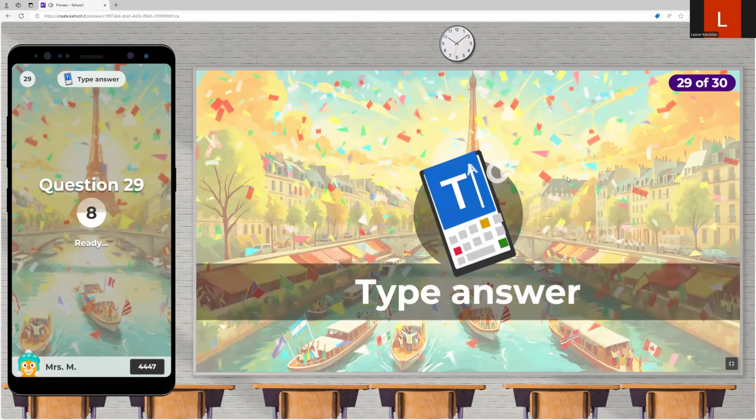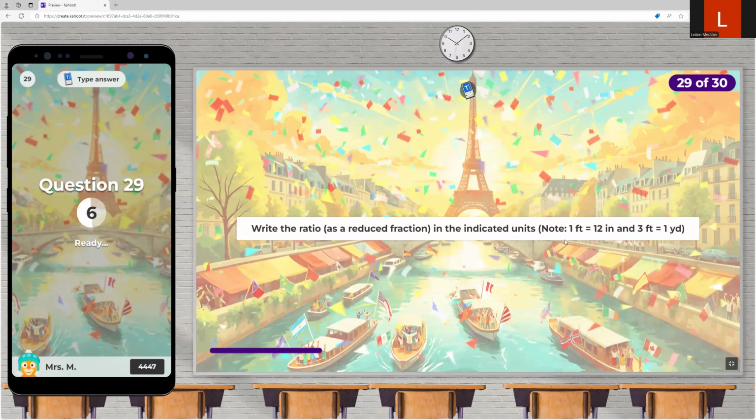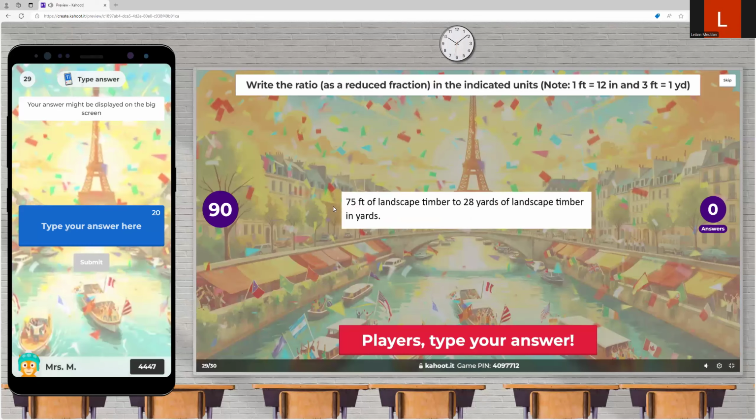And then our last example is another one of these, but I think this one has yards. So we have 75 feet of landscape timber to 28 yards. So yeah, we're going to convert the yards. That's the bigger unit of measurement. We're going to convert that to the feet. Now yards is 3 feet per yard. So we're going to times this by 3. So we need to know what 28 times 3 is, which is 84.